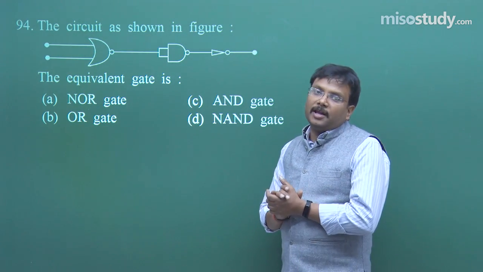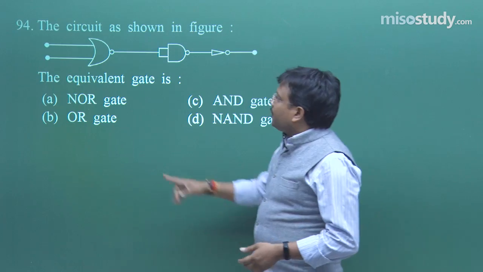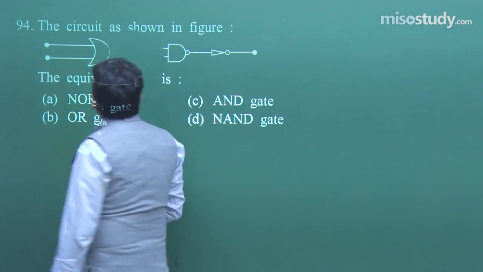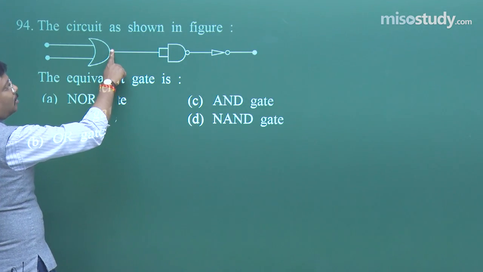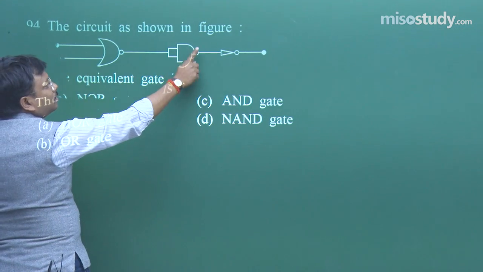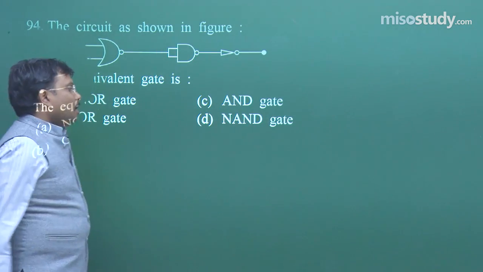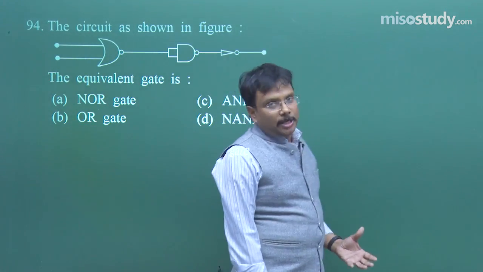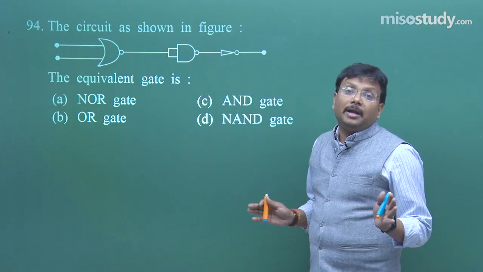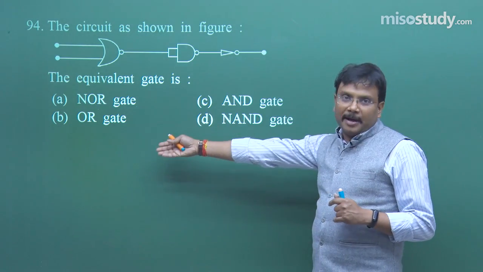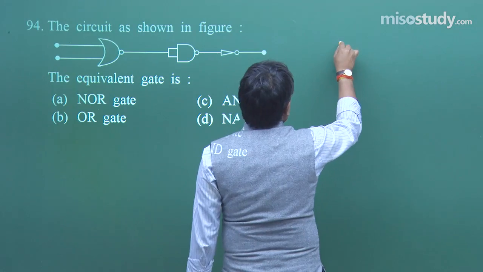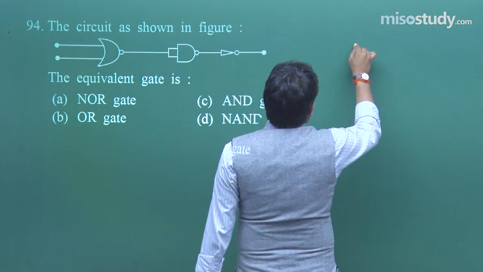Either you use your Boolean expression form, and then you can say it is your NOR gate, gate input, and then NOT gate. Or you can use the truth table approach. I explained the Boolean expression in the previous problem. Now, for this question, consider the truth table approach.